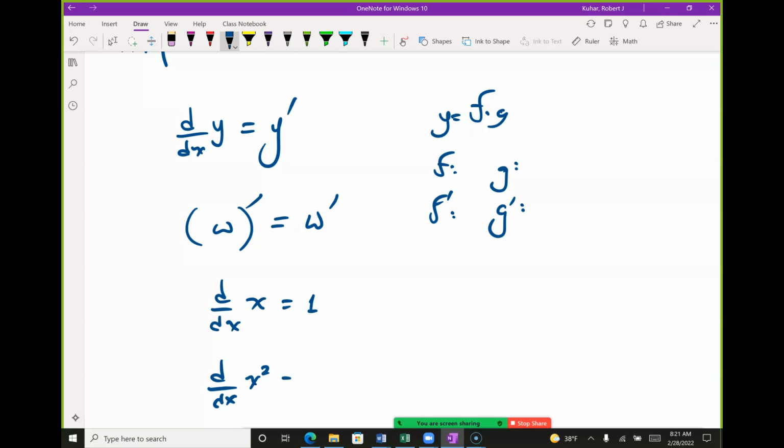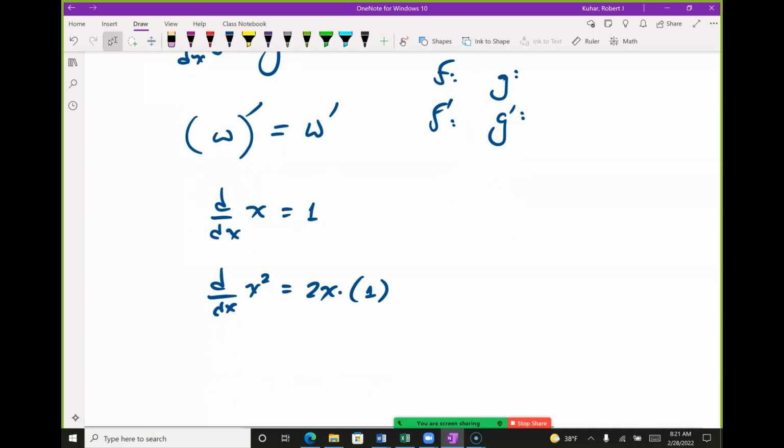But if I had an x squared, what's my derivative now? 2x. Good. Times the derivative of the inside. Now I have a derivative of the inside. I have an inside function, right? The inside is x, the outside is an x squared function. So that makes me think, when I take the derivative with respect to x of y squared, what do I get?